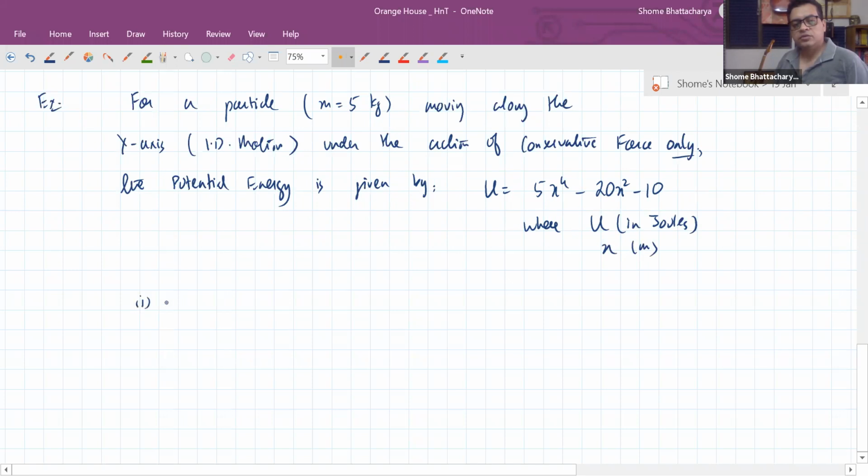So first of all, find the position or positions of any equilibrium points.